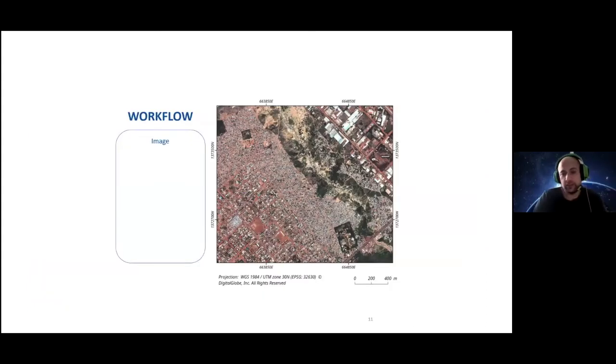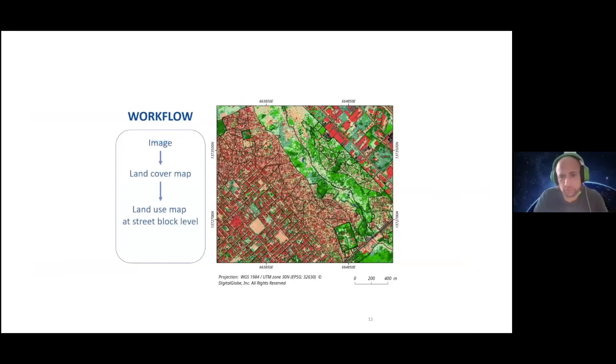Typically in many of these regions, we don't even have land parcels available, so we need to create even the street blocks ourselves. A common approach is an automated process that downloads OSM data, all the linear elements of OSM, and constructs street blocks automatically from that database.